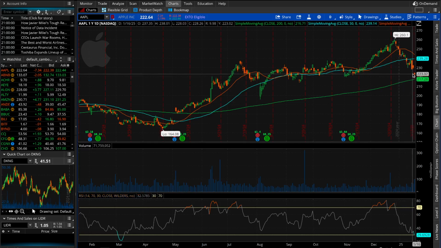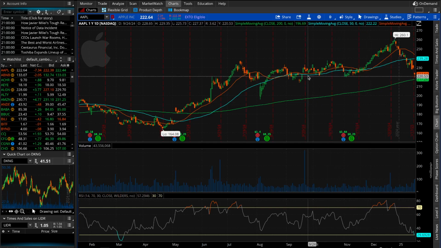You can see today, Apple dropped. They went all the way down to about 219, and then it came back up and closed almost at 223. I have the exact price right here, it closed at 222.64, but you can see it went all the way down to $219.